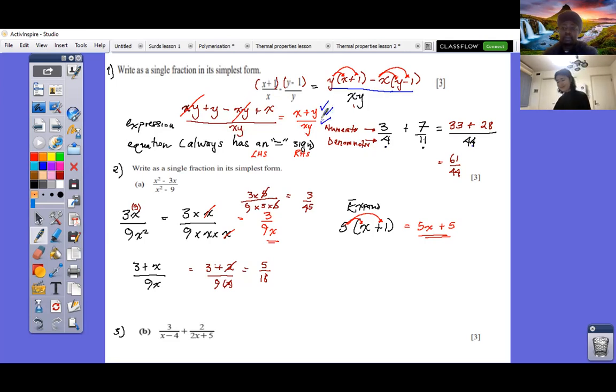Oh. Yeah, I wouldn't have thought about it that way. That's absolutely fine, but these are the steps you would take if you were told to show your working clearly. So you'd go from this step here, then to that step, and then you'd finally get to that step. So each of these steps, if you like, is a mark.